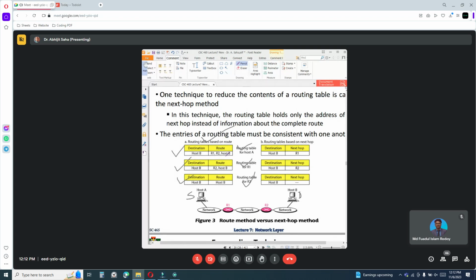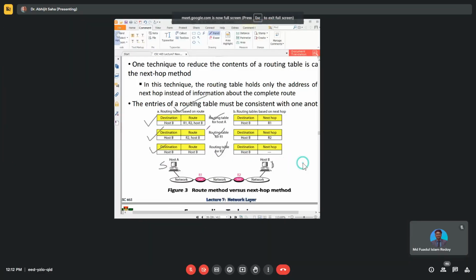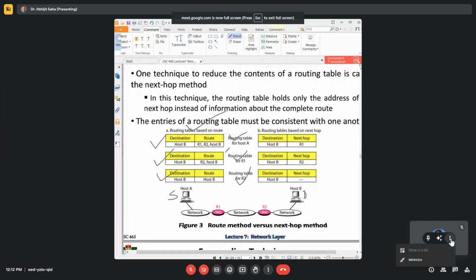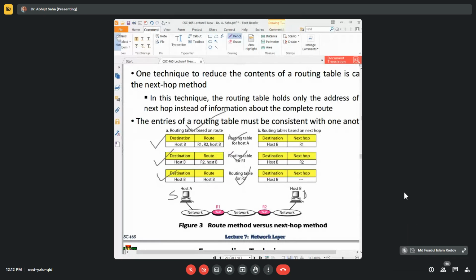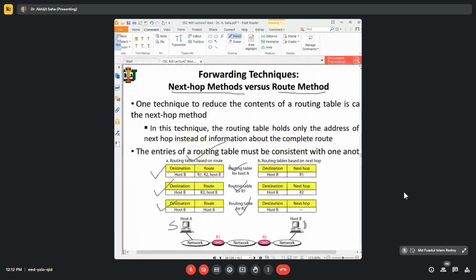So one of the challenges is how we can make the routing table of a node lighter.